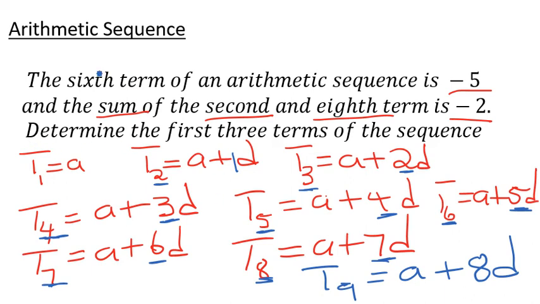Okay, so now let's go ahead and write the information that we are given. First of all, we are told that T6, which is term 6, is equal to what? -5.